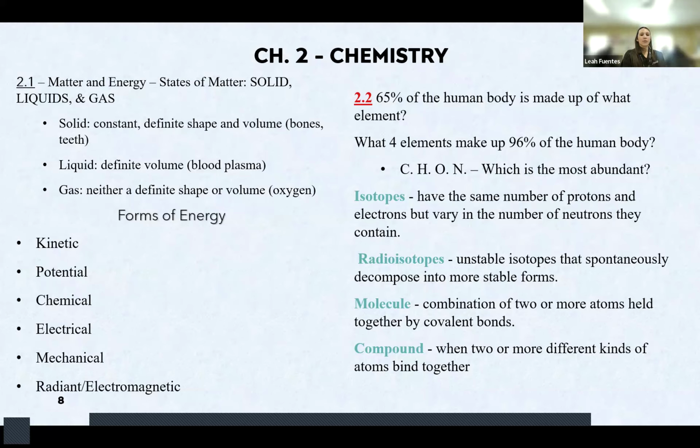Kind of in this same realm, now we get into isotopes and stuff. So I would know the difference for each of these. Again, I haven't seen the quiz questions, but I feel like someone brought something similar up to me. Isotopes have the same number of protons and electrons, but vary in the number of neutrons.